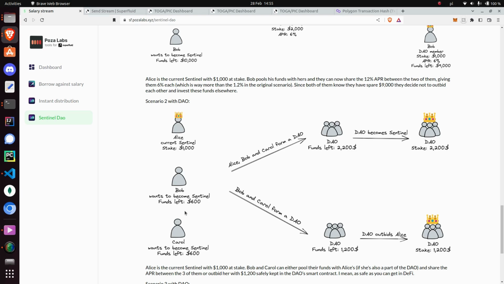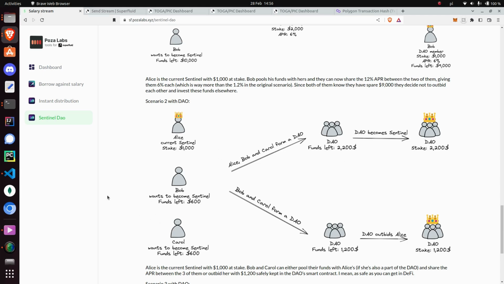Or Bob and Carol could form a DAO themselves, where each stays in control of their funding, and they could outbid Alice as the DAO, and we would then have a mutually controlled stake of $1,200. So whether or not Alice decides to join the DAO, it's still a much better situation for all of them.